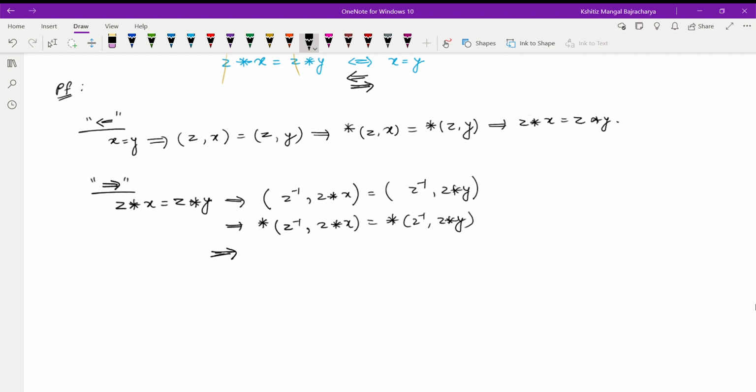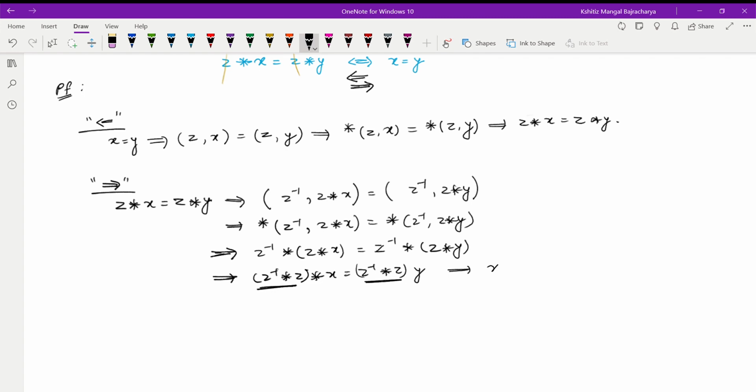This will give us z inverse star z star x equal to z inverse star z star y. Using associativity, we can write something like this. Now since this gives the identity, we can say that x is equal to y. This proves the left cancellation law.